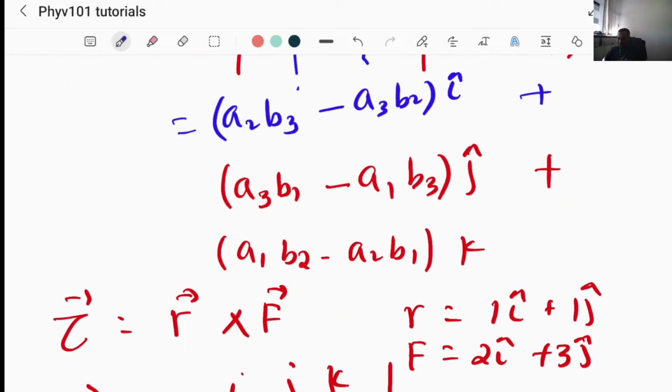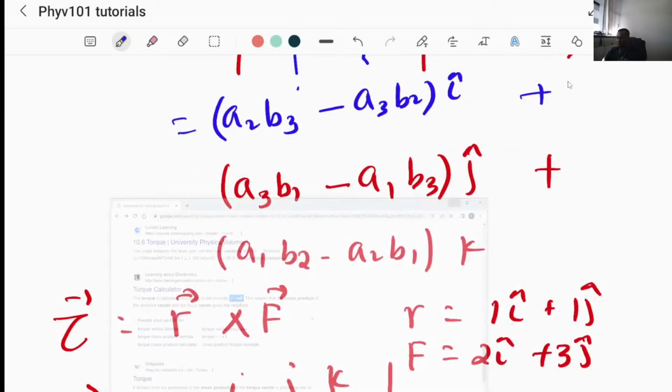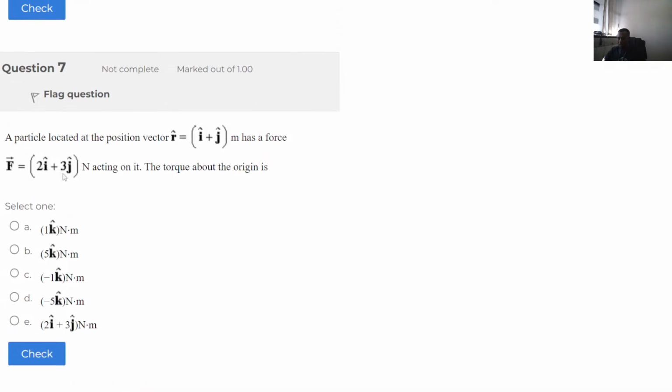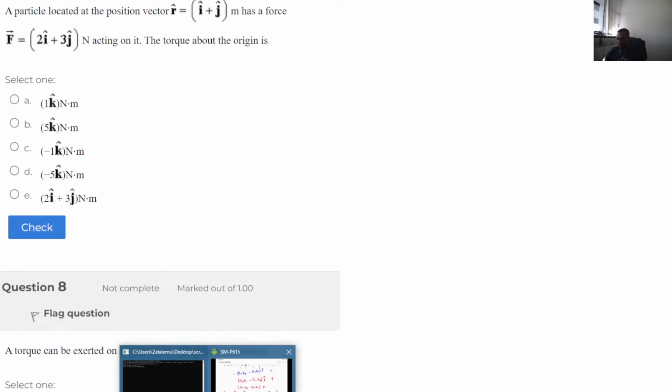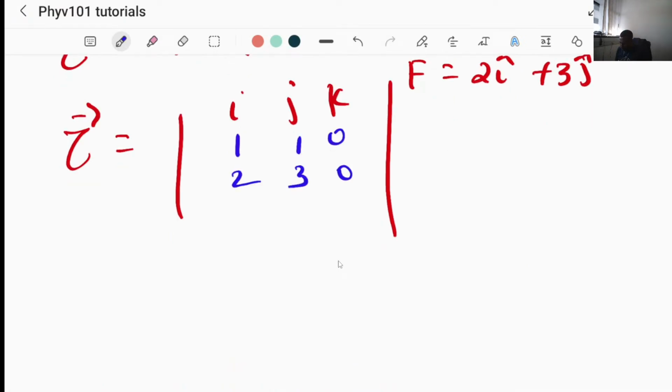Am I taking the values properly? I'm going back to the question: for the force, X is 2, Y is 3, and for R, 1, 1. Good, that's correct. Therefore, let's do the operation. For the I component, forget this one, and do 1 times 0 is 0, 3 times 0 is 0.